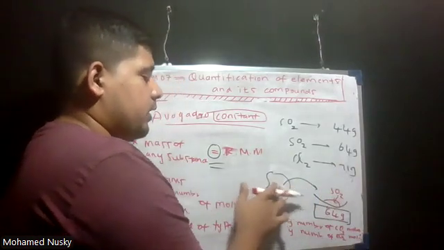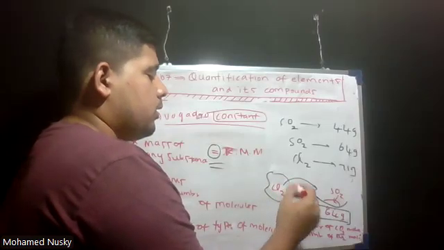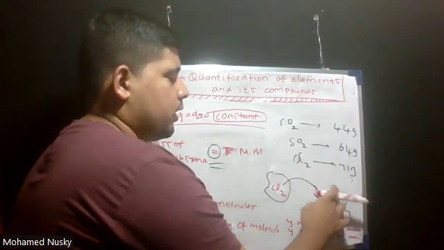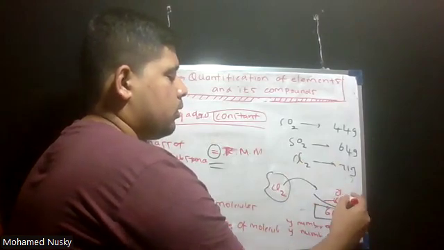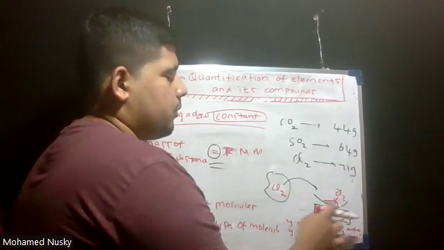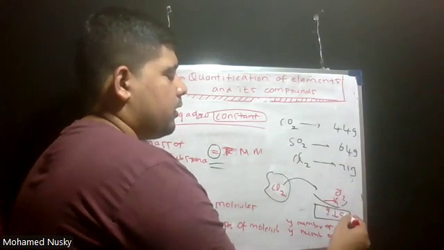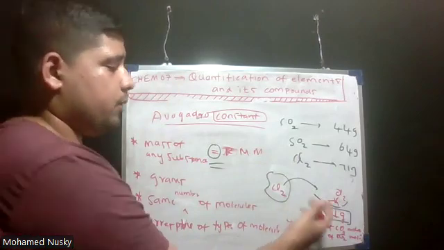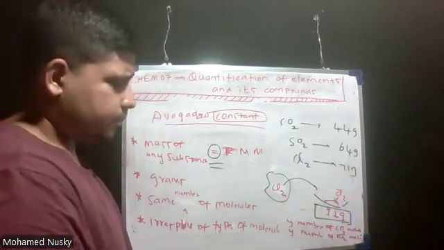Likewise, if I take Cl2, what is the mass of Cl2 that I'm going to take? That is equal to its relative molecular mass. I'm going to take 71 grams of Cl2.